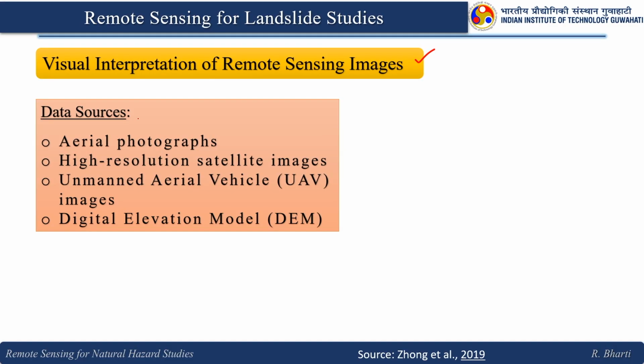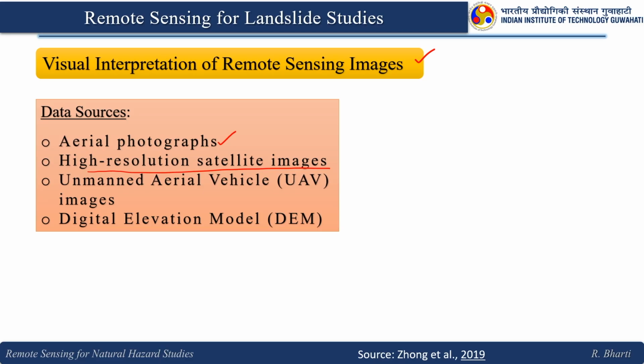When we talk about the visual interpretation of remote sensing data, the data sources will be aerial photographs, airborne surveys that provide airborne data sets, and high resolution satellite images, because with visual analysis you need high spatial resolution.